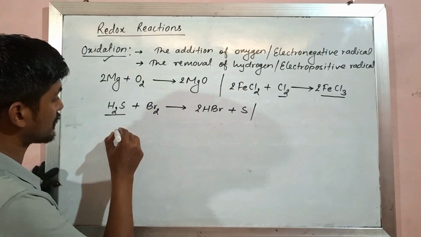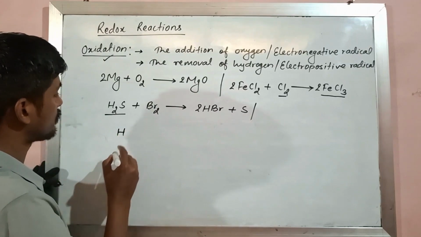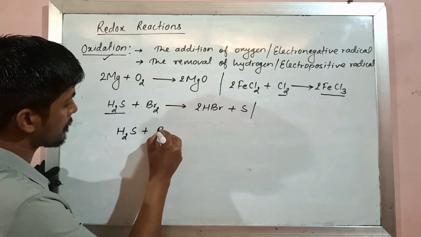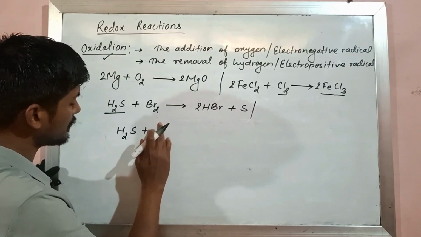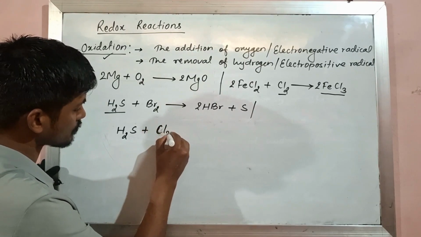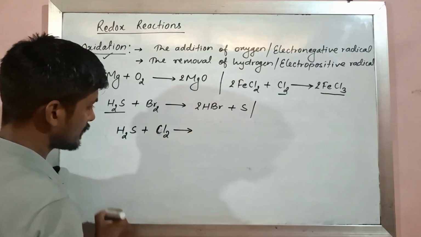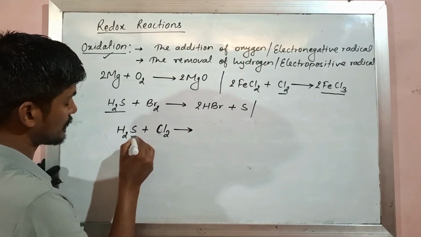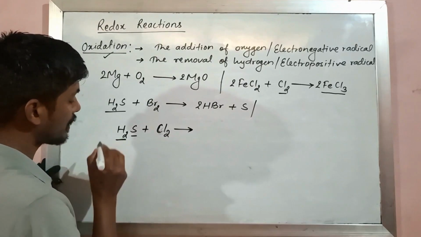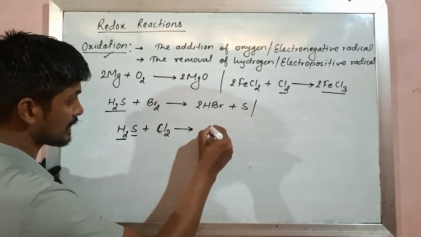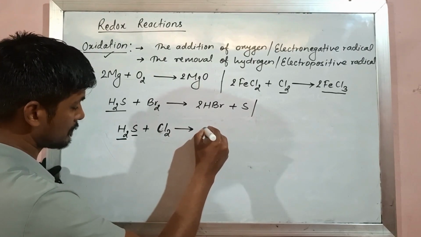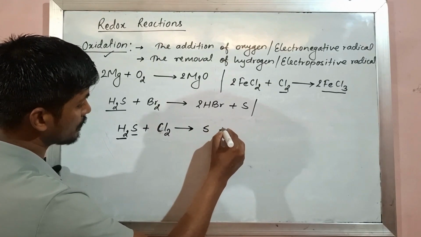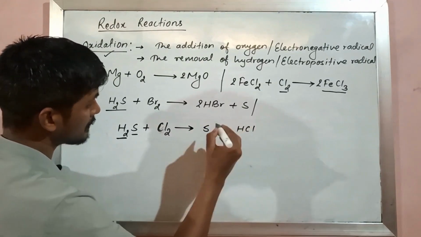Now we can take another example here, H2S plus chlorine. Here, from this sulfur, if we remove hydrogen, which is an electropositive radical, then it forms sulfur plus hydrogen chloride.